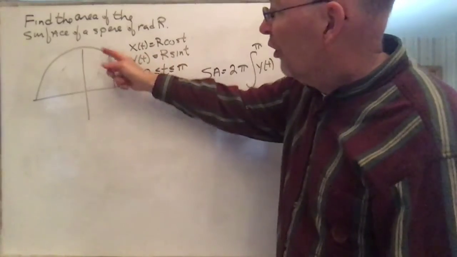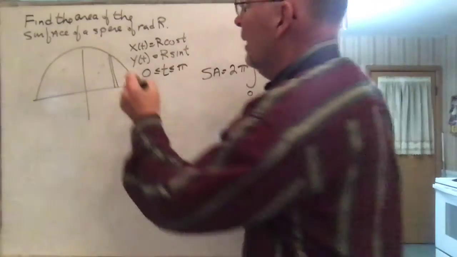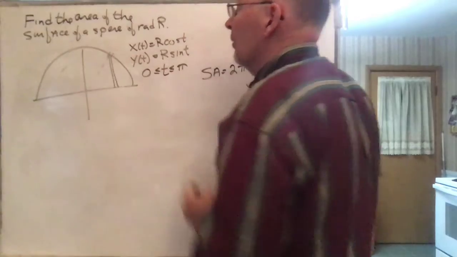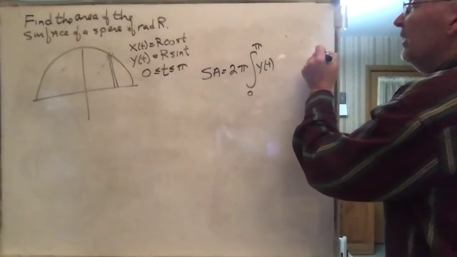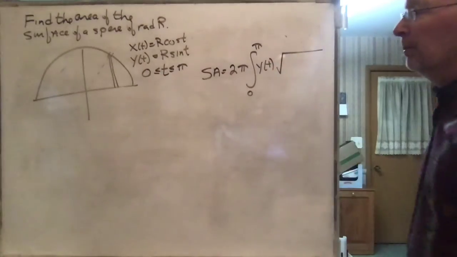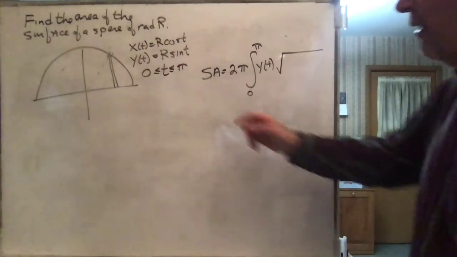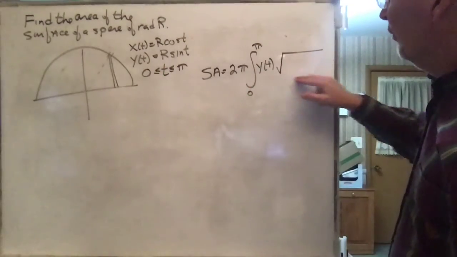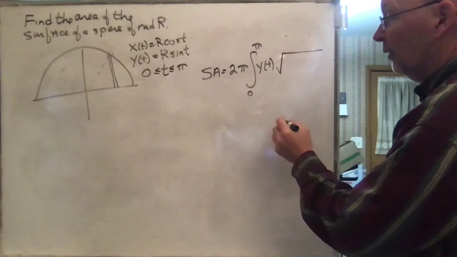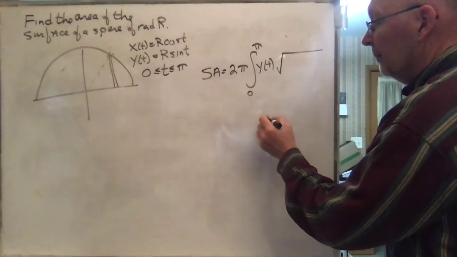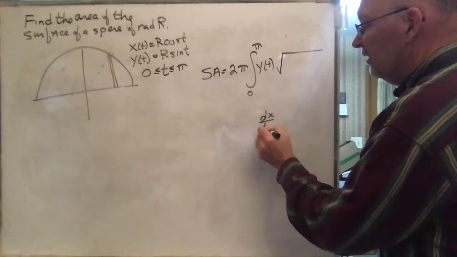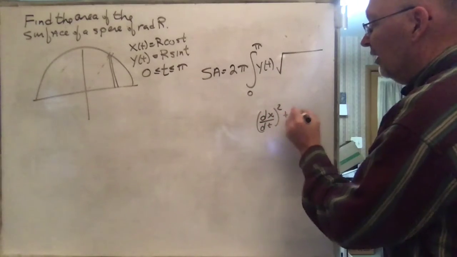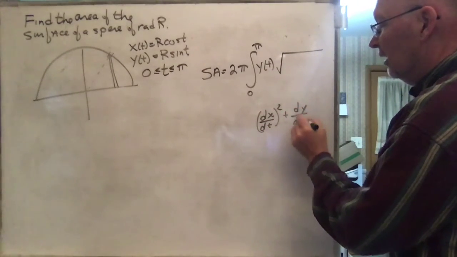And now that goes all the way around, but now I have to multiply that by this little distance. If you remember from when we did this with arc length, when we had parametric equations, we ended up with dx dt squared plus dy dt squared.